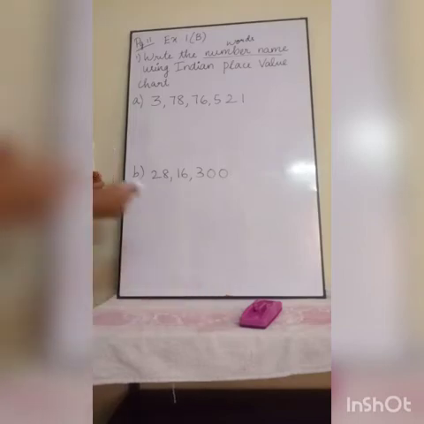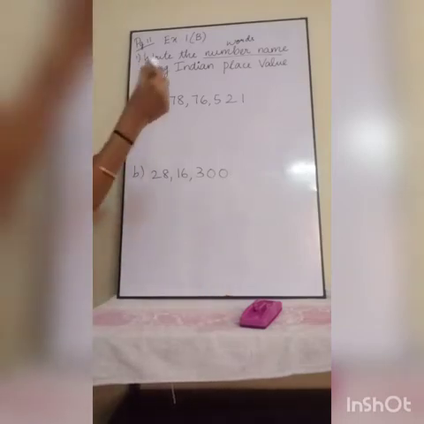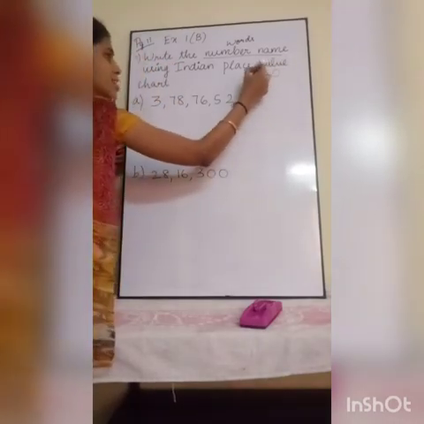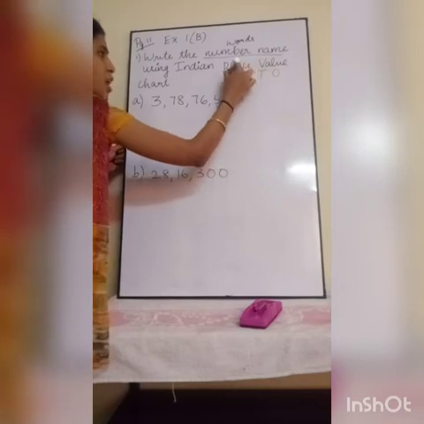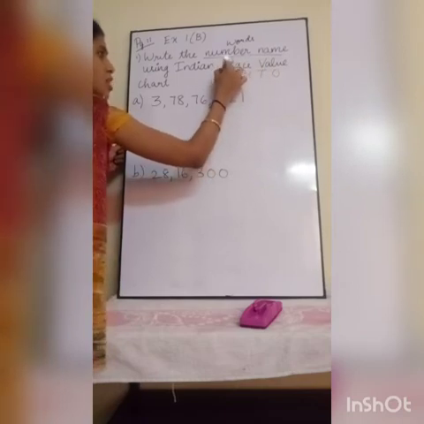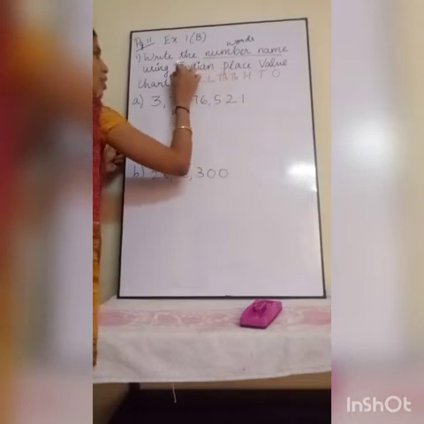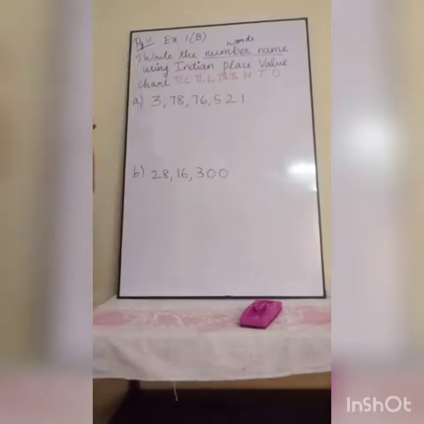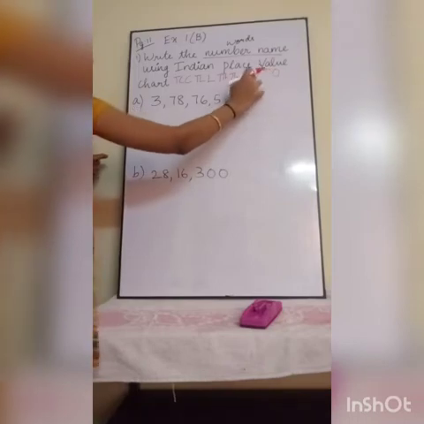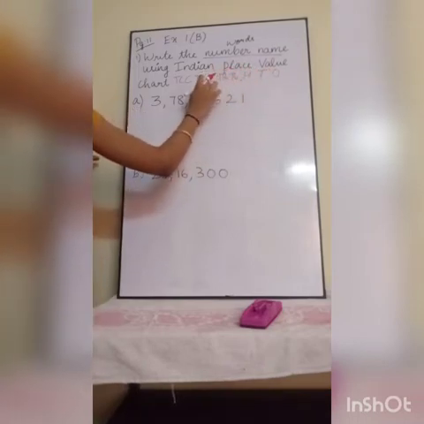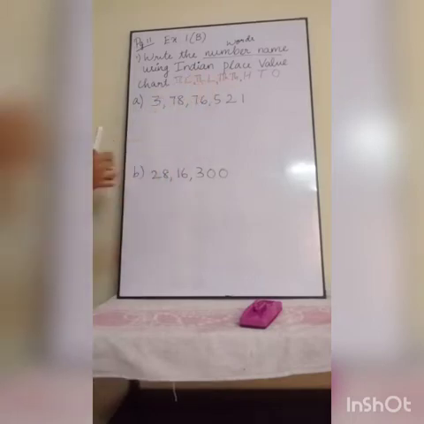So how do you write the Indian system of numeration? Ones, tens, hundreds, thousands, 10,000, lakh, 10 lakh, crore, 10 crore.